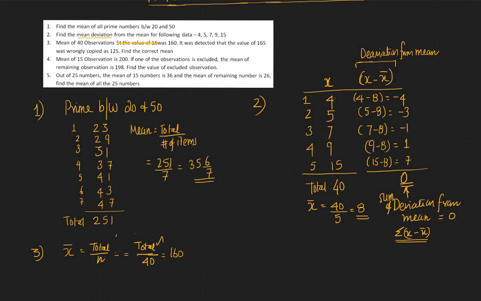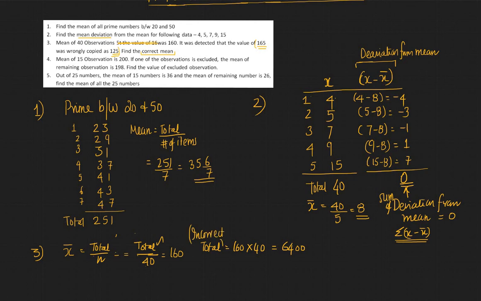All right, so we're still not solving the problem, we are reading it. It was detected that the value of 165 was wrongly copied as 125, and we need to find the correct mean. Because of this issue our total was wrong, so let's find out what we got the total as. Your total is 160 into 40, which is 6400.